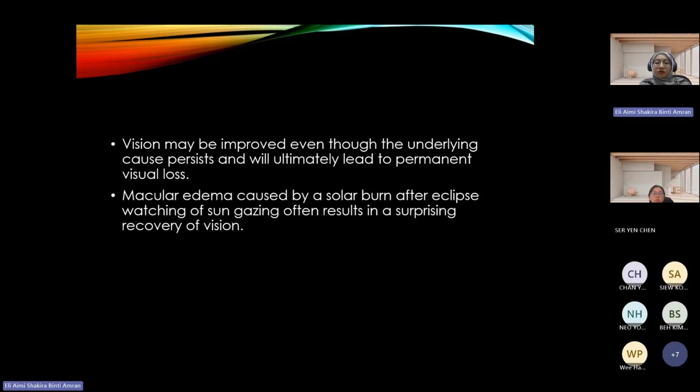So if patient comes to you and you see that there's a burn somewhere on the face or on the body, you can check with them whether they were sun gazing or sunbathing or eclipse watching, and they have that transient visual loss. You can assure them the vision usually will be recovered.